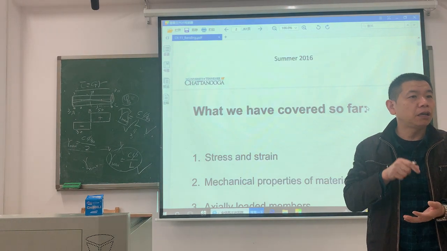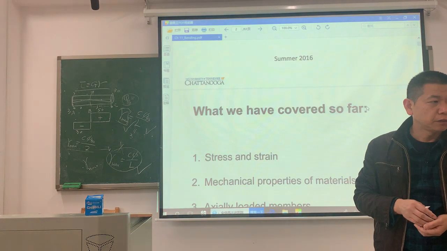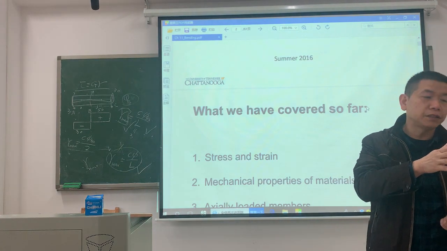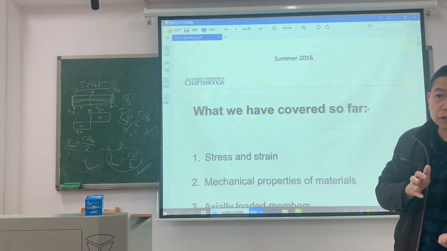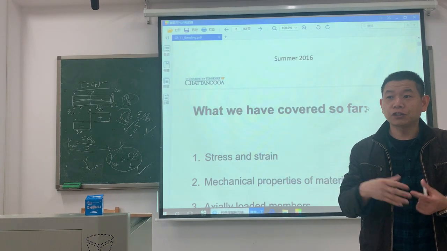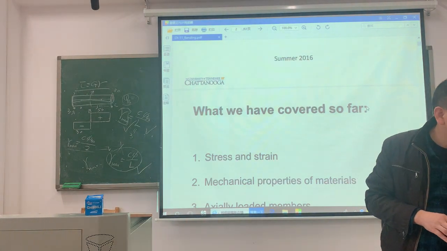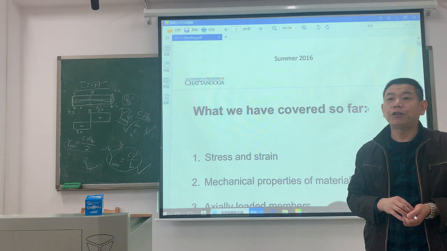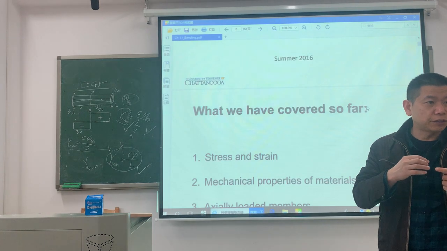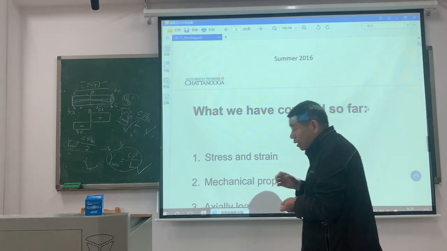Up to now, I introduced the first three deformations. For an axial rod, we know how to find the stress and the strain. For the shaft, we also know how to find the stress and the strain. For a bolt, we know how to get the shear stress and the bearing stress.